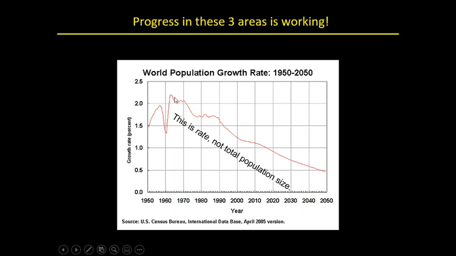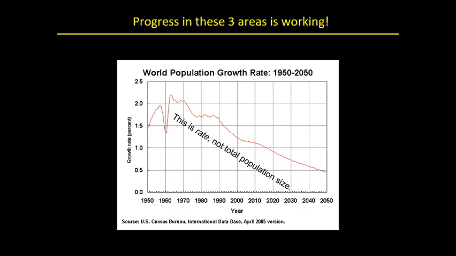And what you see is that over time, after peaking in the early 1960s, the growth rate has been going down. We saw this in other graphs earlier. So this is just the same idea in a different context and a slightly different graph. And all this is good news.